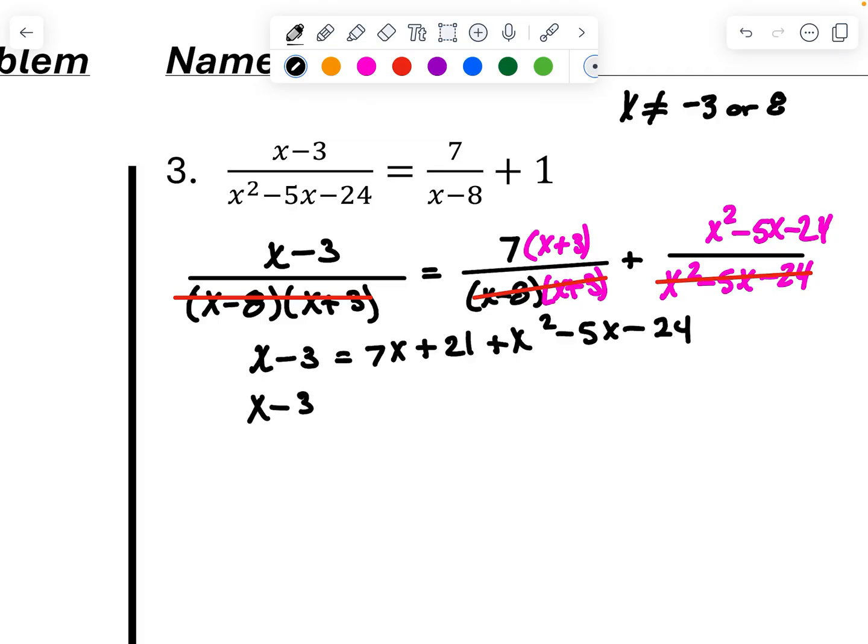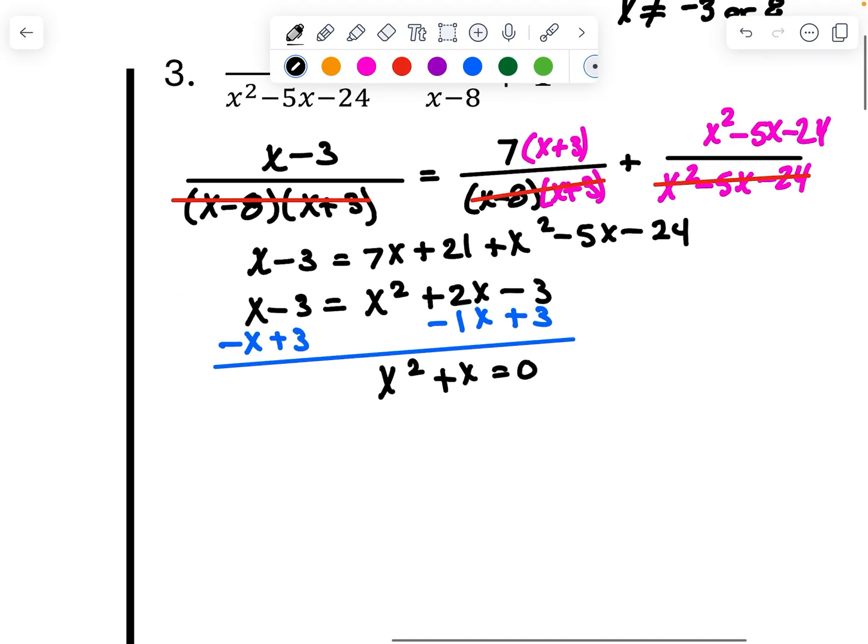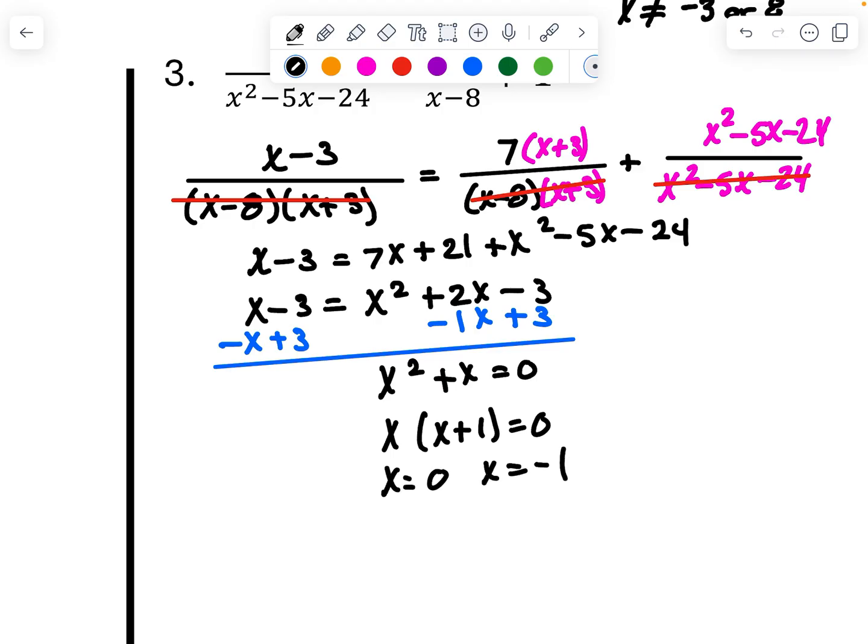X minus 3 equals x squared, 7x minus 5x is 2x, and 21 minus 24 is negative 3. Then move the x and the 3. And you get x squared plus x equals 0. Then you pull out the greatest common factor. And then you solve. And so the answers are negative 1 and 0.